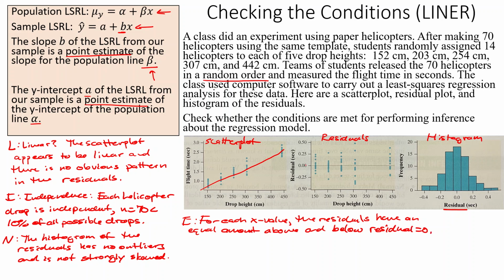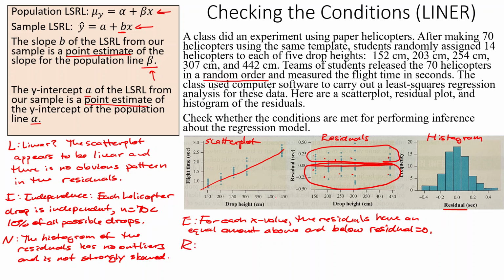Here's the line, residual equal to 0, and you can see above and below, above and below, for each one. It doesn't have to be perfect, but we have some above, some below for each one. And it looks like we've got about the same total amount below as we have above. So that works out.